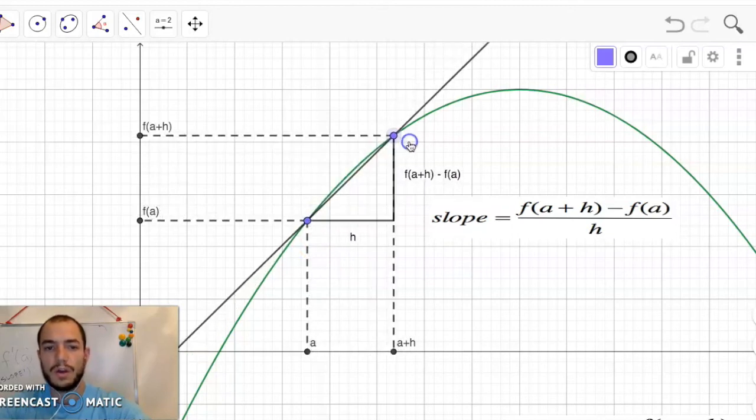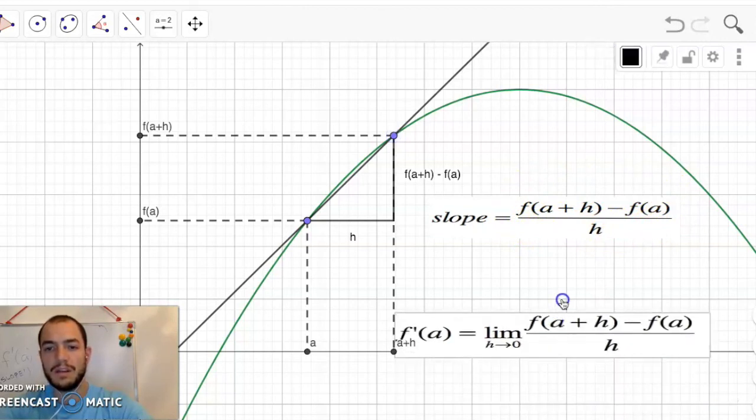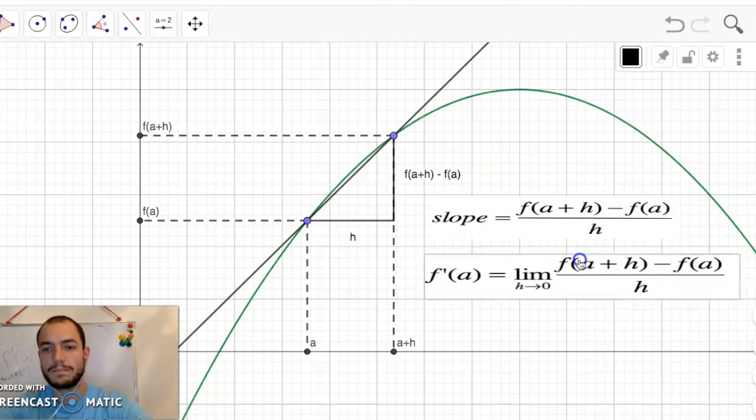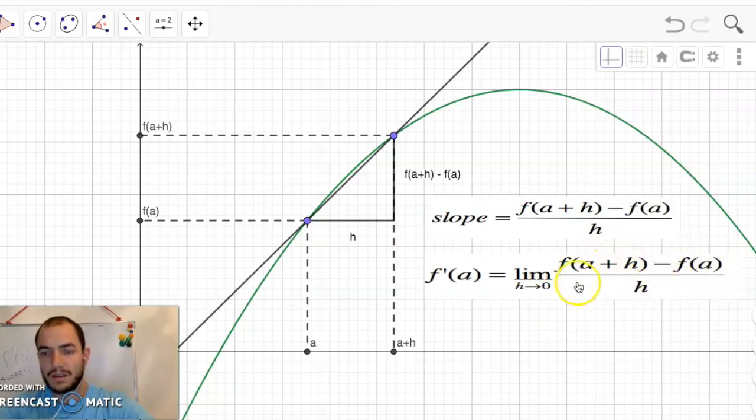So here is where we can connect with the concept of limits, because what we really want to do is think about what happens to the slope between these two points as h gets smaller and smaller and smaller. And the way we write that is like this. So this, again, just represents the slope between the two points, but now we're considering the limit as h approaches 0.